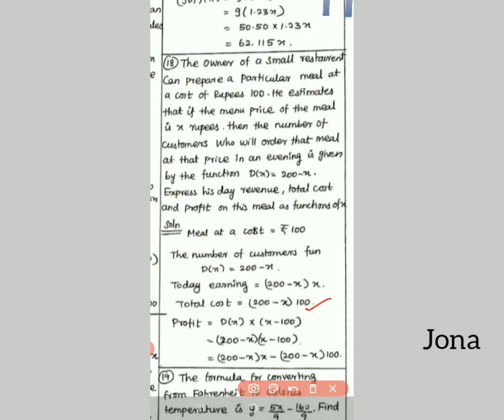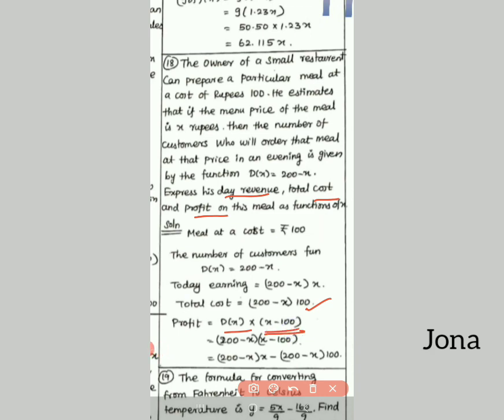But what do we want to find here? The day's revenue we found, the total cost we found, then I want to find the profit on this meal. So profit is nothing but the number of customers, that is d of x, into x minus 100.